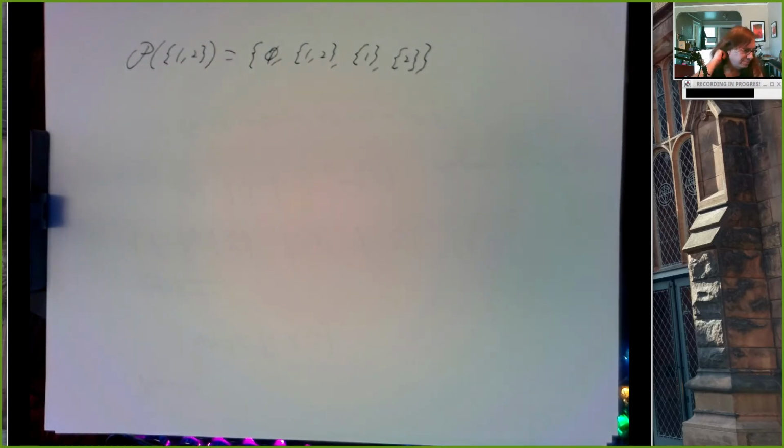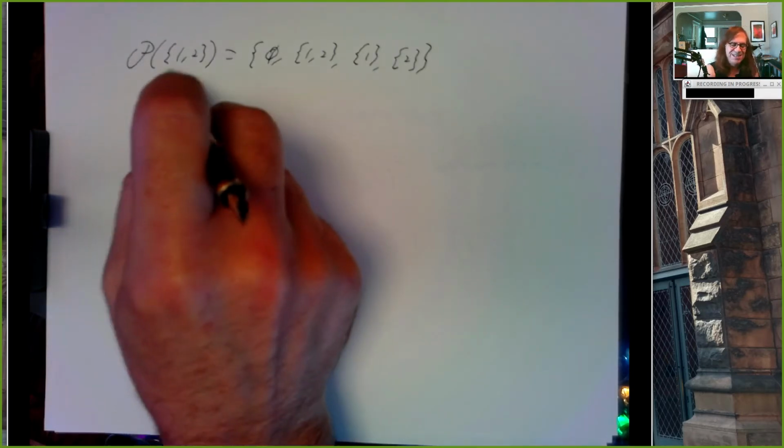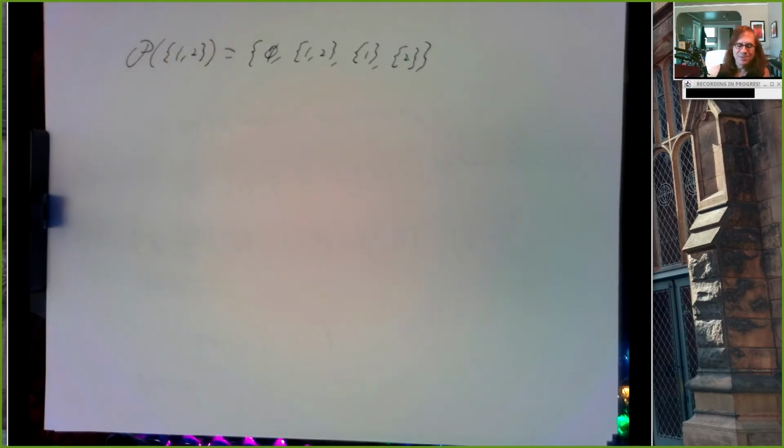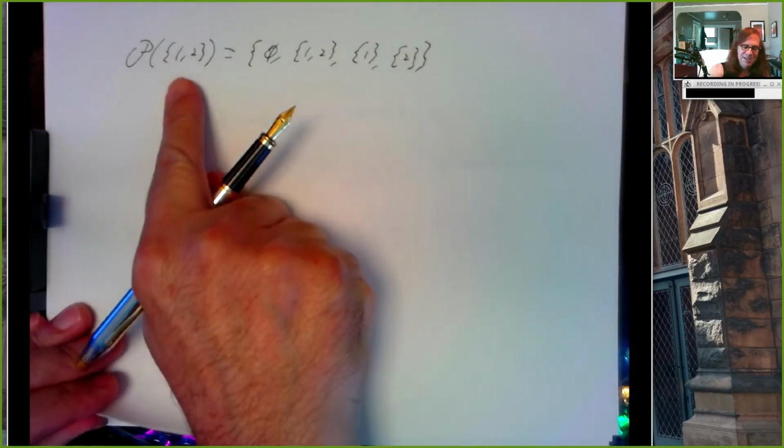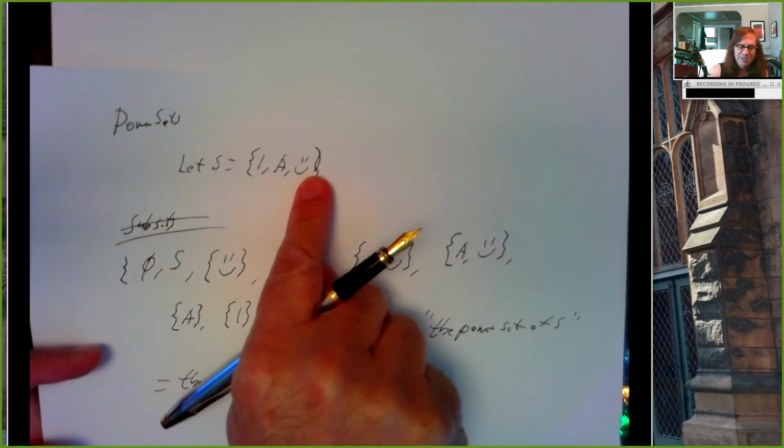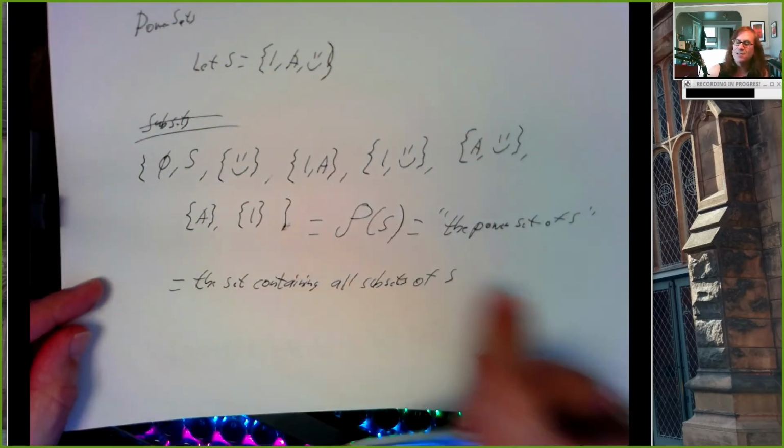You can also take the power set of all real numbers and get a huge number. Oh yeah, definitely. So the bigger this set is, the bigger the power set is going to be. In fact, when we had 2 elements in our set, the power set had 4. When we had 3 elements in our set, the power set had 8 elements.